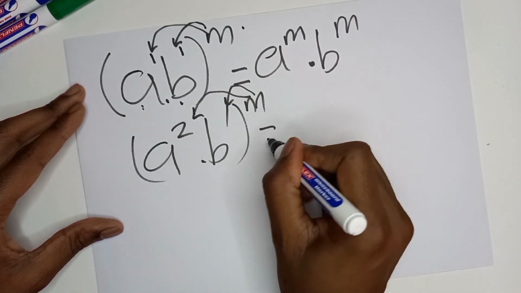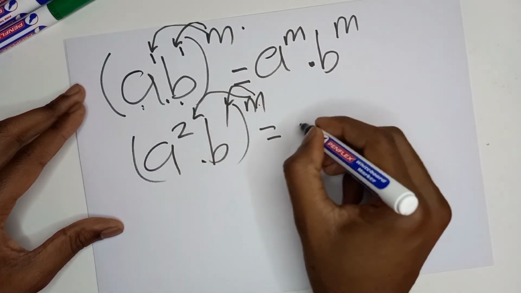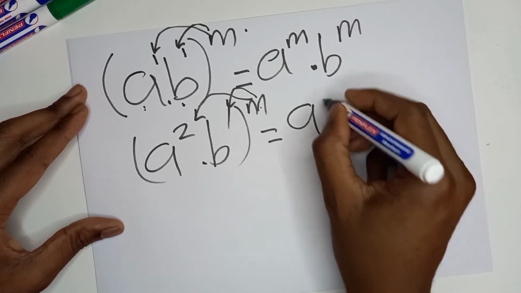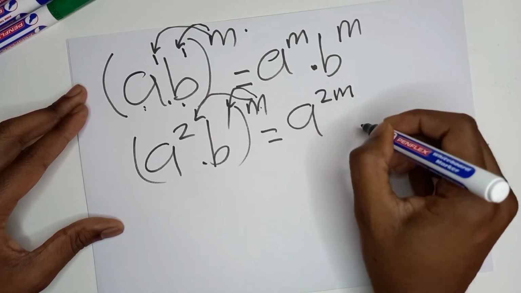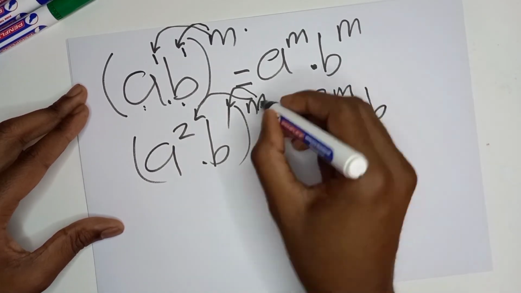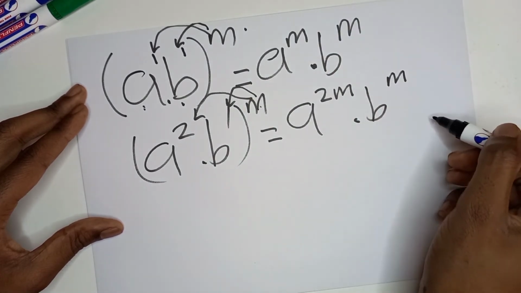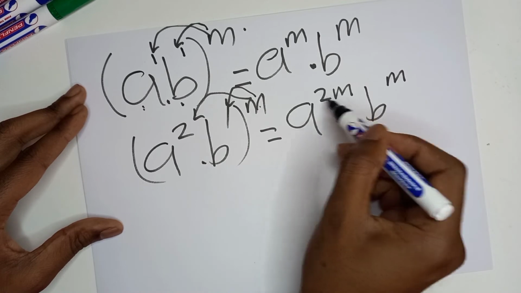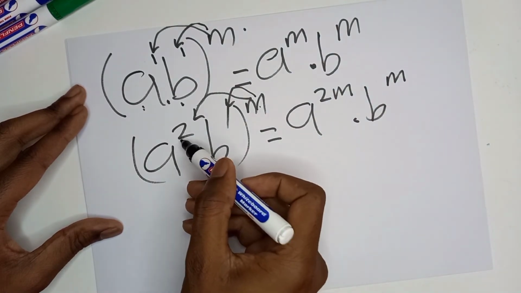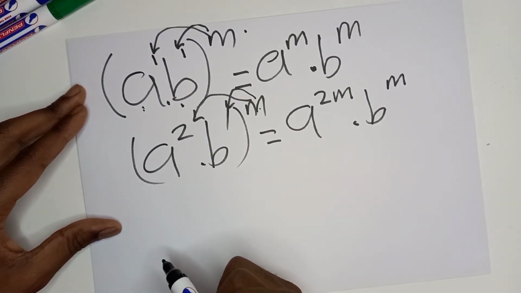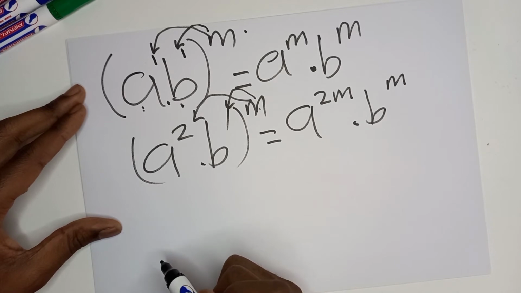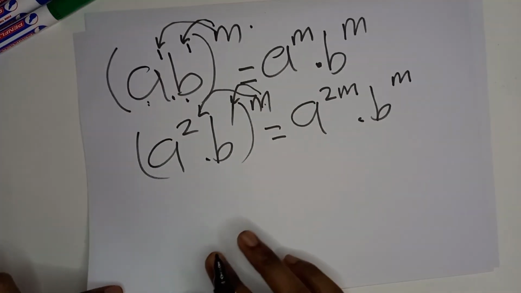This time it will be m times 2, which is 2m. So you'll have a to the exponent of 2m times b to the exponent of 1 times m, which is just m. The only thing that changes is the exponent of a. That's the fourth rule right there.